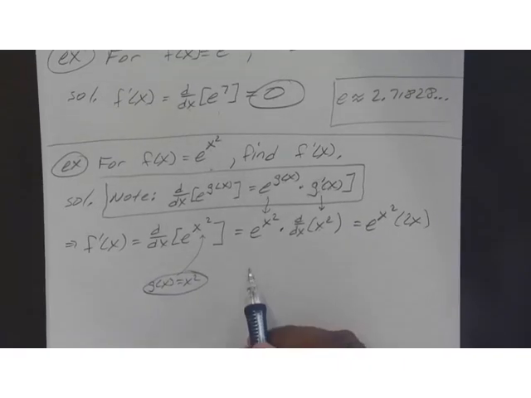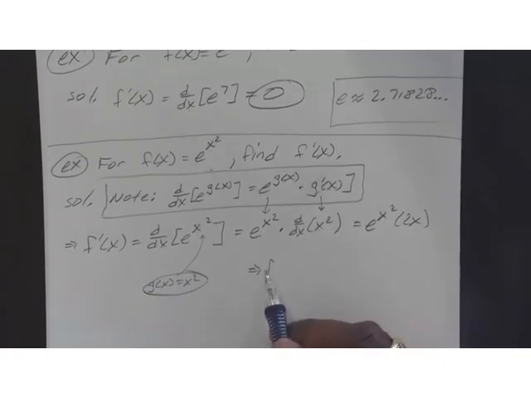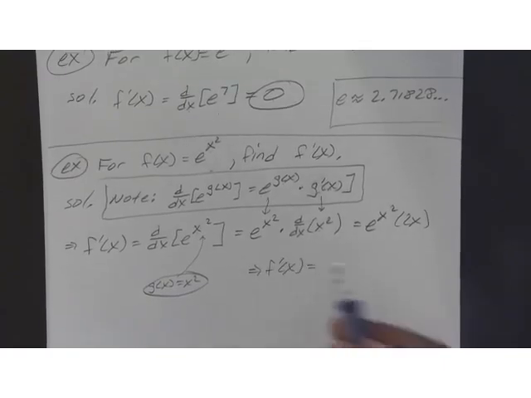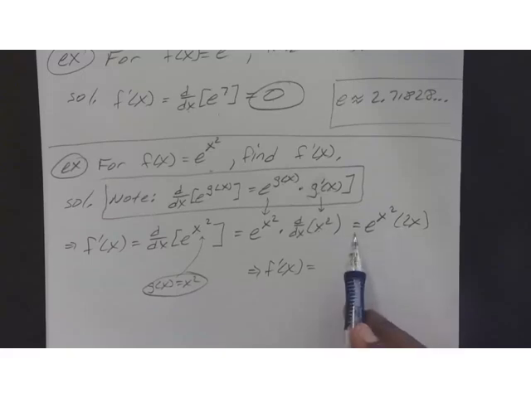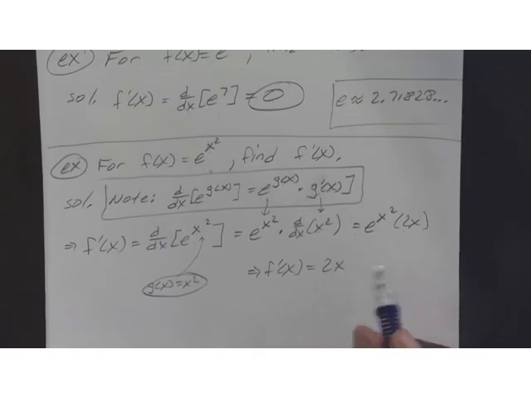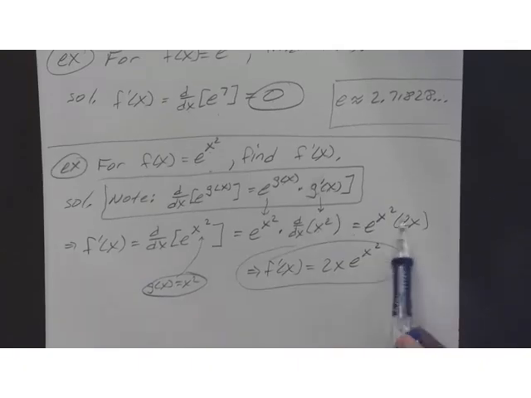So if you wanted to, you could bring the 2x out to the front, doesn't matter, or you can leave it like that. I'll just say 2x e to the power of x squared. Both forms are correct, but that one's just a little bit neater. No need for parentheses or anything like that.